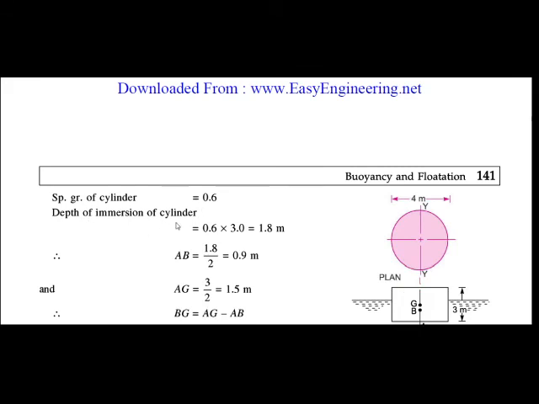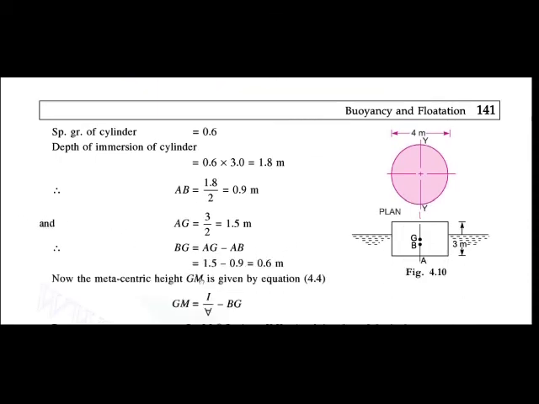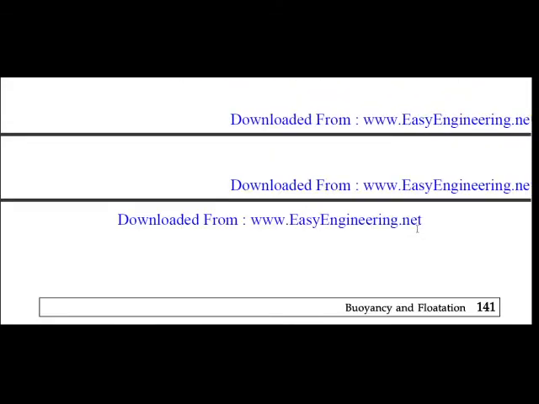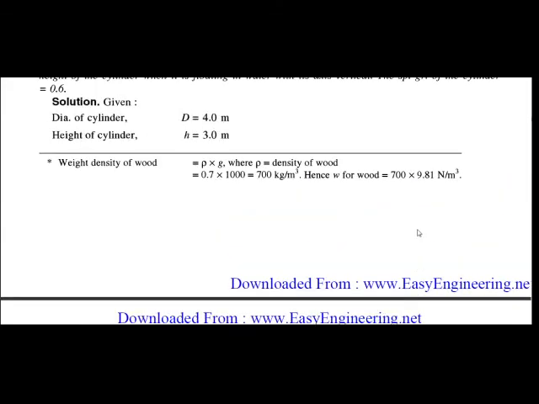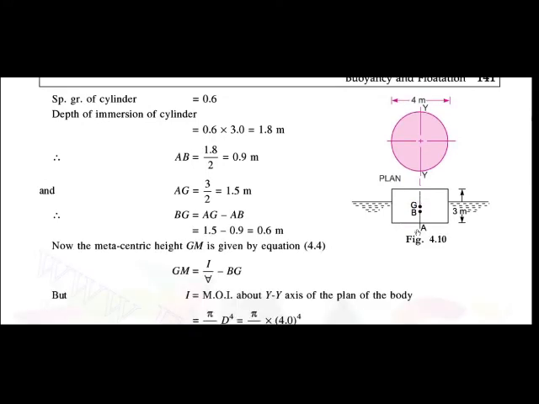Then the depth of immersion of the cylinder is 0.6 into 3, which is equal to 1.8. So we get the depth of immersion, which is 1.8. In the figure you can see the diameter is 4 meter and the height of that cylinder is 3 meter.